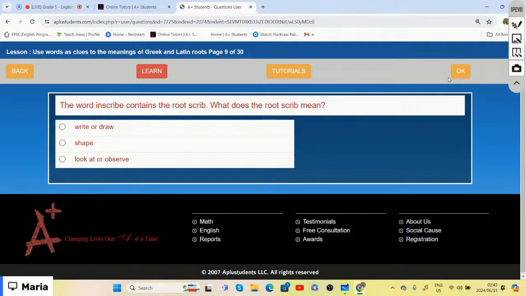All right. The word inscribe contains the root scrib. What does the root scrib mean? Is it to do with writing or drawing, shapes, to look at or to observe? So we need to find the meaning of the root scrib.